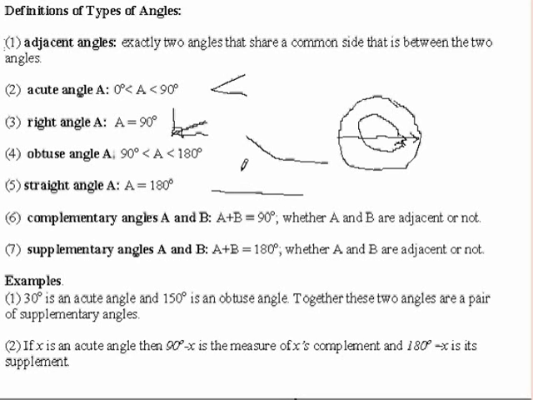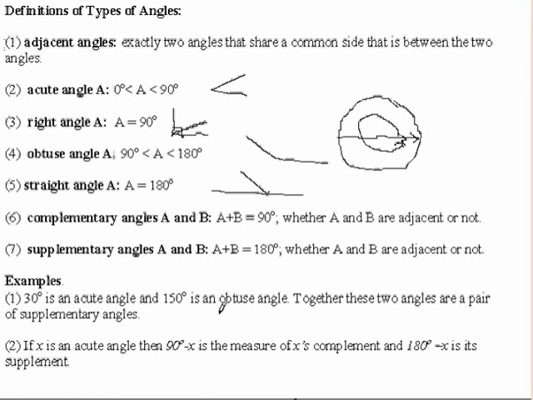It's true that supplementary angles, if they're adjacent, will form a straight angle, 180 degrees. But again, it doesn't matter whether the angles are next to each other or not. Just any two angles in a diagram or any two angles in a situation you're discussing that have a sum of 180 degrees. And so here are some examples.